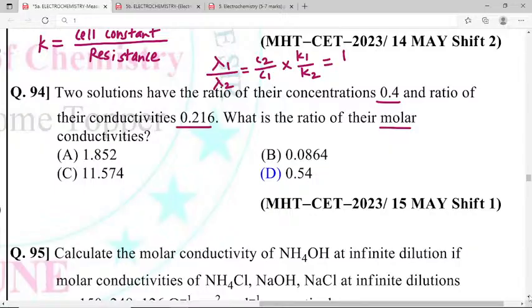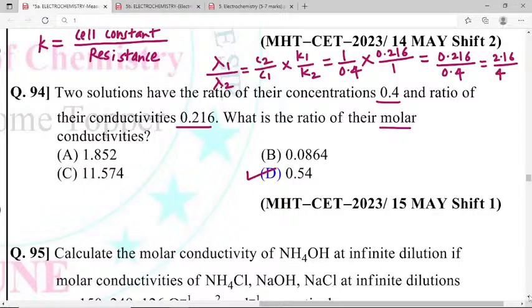So 1 divided by 0.4, multiplied by the conductivity ratio 0.216 divided by 1. So this is equal to 0.216 divided by 0.4, which is 2.16 divided by 4.